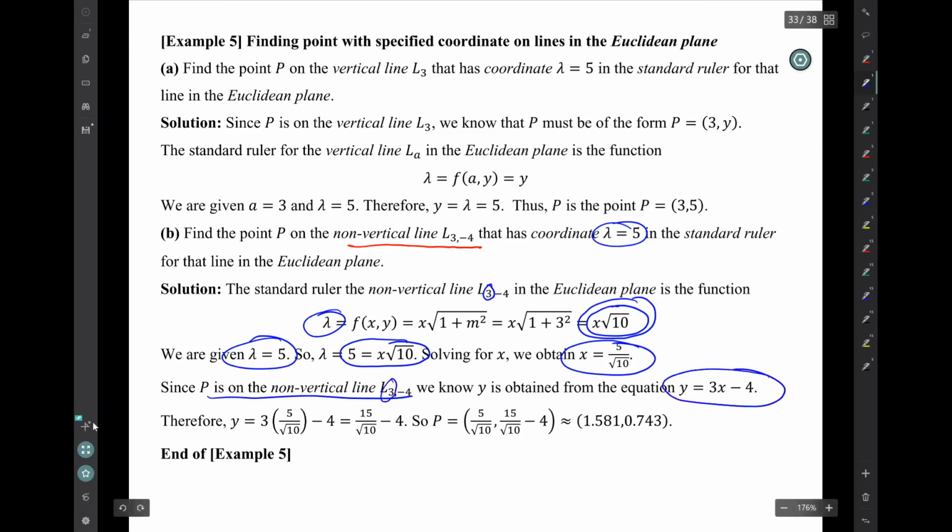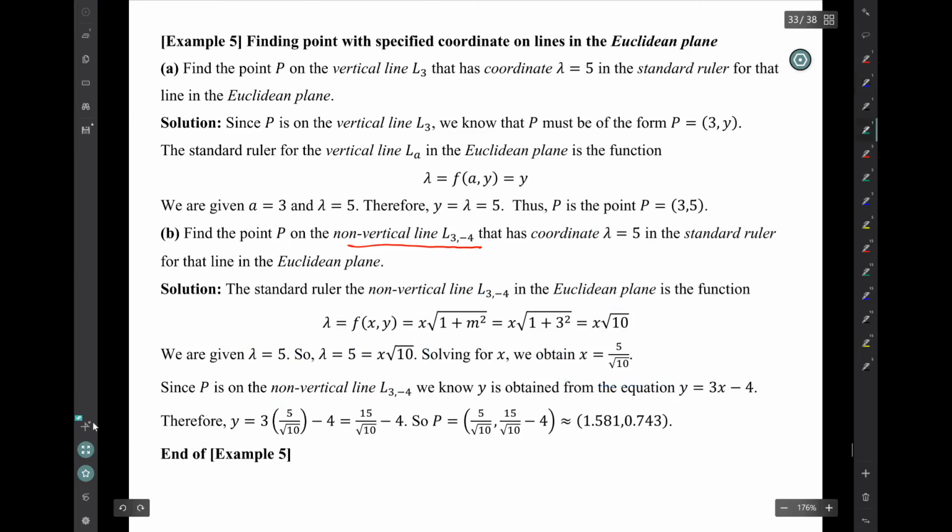Slope m is 3, and the y-intercept b is -4, so y and x have to satisfy that equation. We know the value of x, so we can use this equation to get the value of y. We do that, and we end up with this as the y-coordinate. So our point P is that x-coordinate and this y-coordinate, which is roughly these decimals.